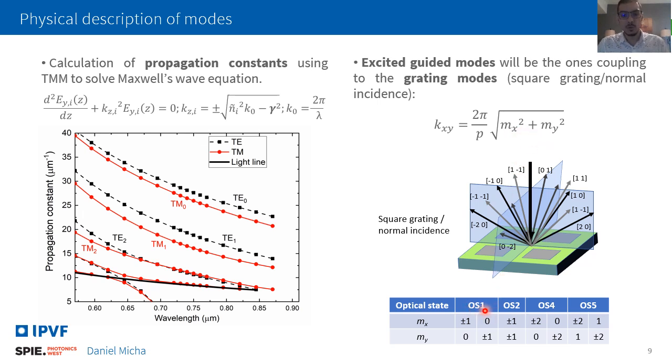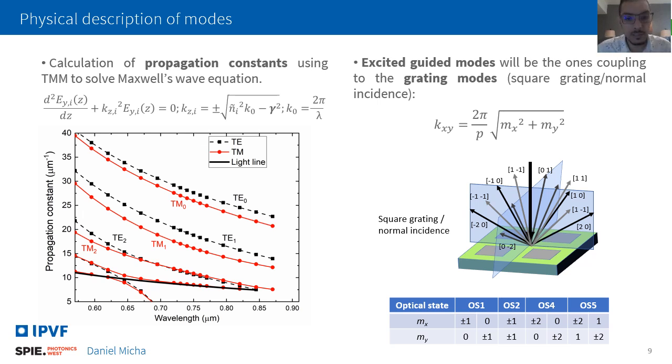So we can see that OS1 can be either Mx equal to plus or minus 1 and My equal to 0, or Mx equal to 0 and My equal to plus or minus 1. Okay, here on the left we have the modes that can be sustained in our structure, and on the right we see the modes that can exist in our structure due to the lateral scattering of the grating.